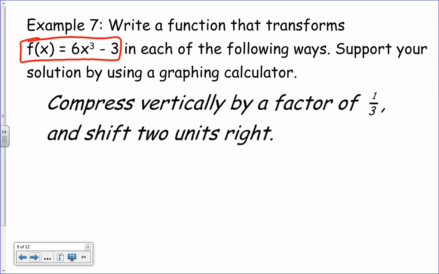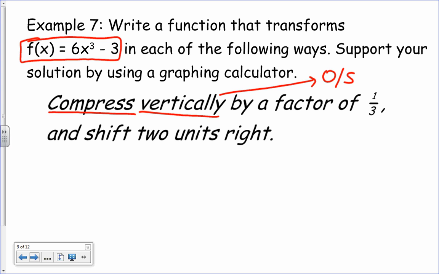Compress vertically. Now when you see vertically, is that inside or outside? Outside. And compress, is that telling you multiply or add, subtract? Multiply.